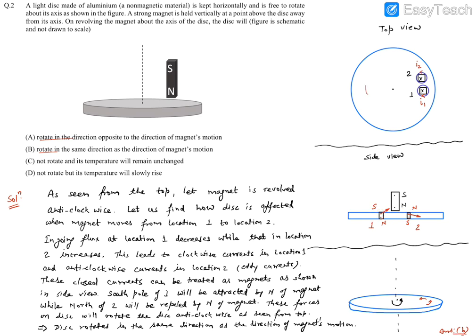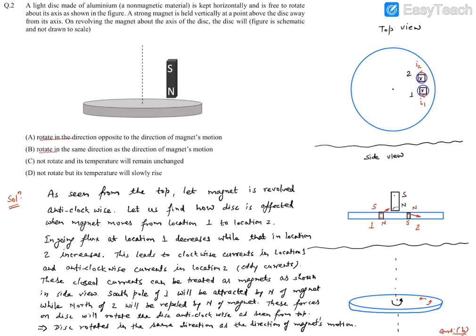In fact, you'll find several magnets will be created, because several currents will be developed, because the flux is changing almost at all locations, localized flux. But these are the two closest loops that we are thinking about, and their influence is going to be max. So their influence is going to be the deciding factor. That's why we are considering only these two.